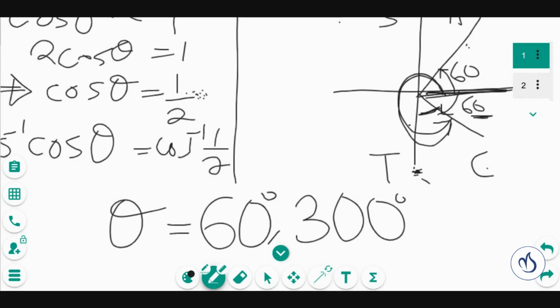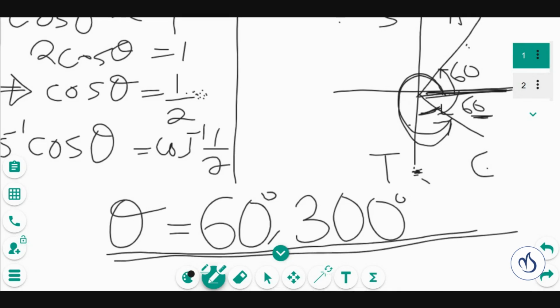Are we on the same page? So we may continue. All right, so those are the two values, our two answers. And that is how we solve these trigonometric equations.